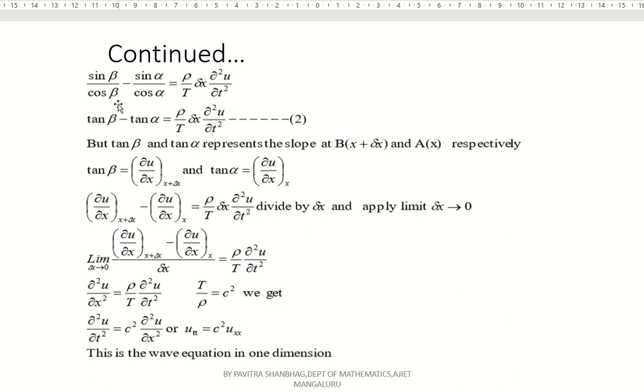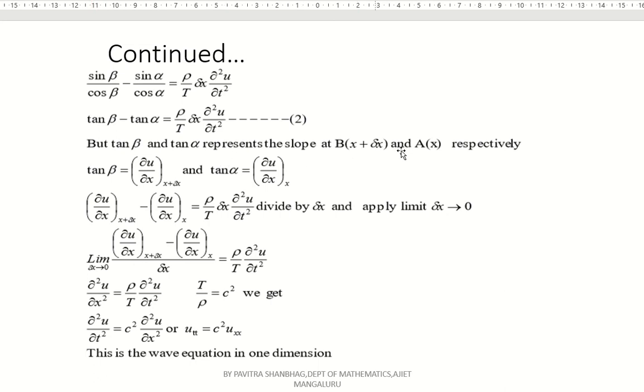But sin by cos gives tan, right? Tan beta minus tan alpha equal to rho by T delta x dou square u by dou t square. But what do they represent? Tan alpha and tan beta represent the tangent, that is, the slope of the tangent. At what point? At capital A, and this is at capital B. So tan beta and tan alpha represent what?